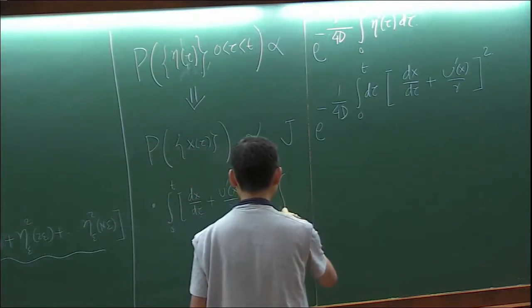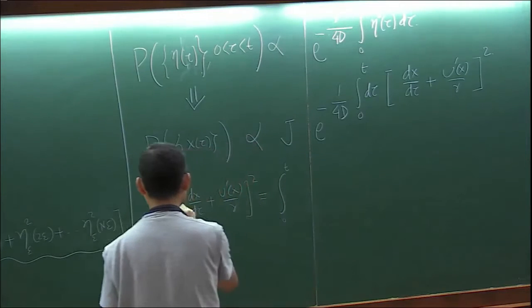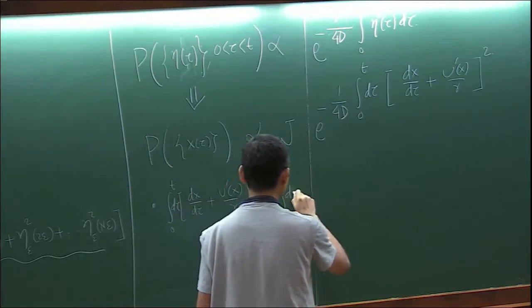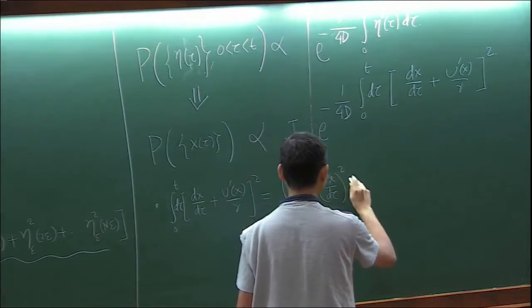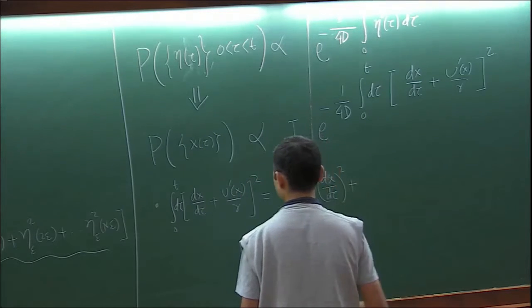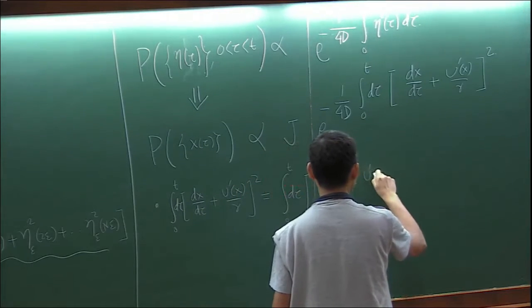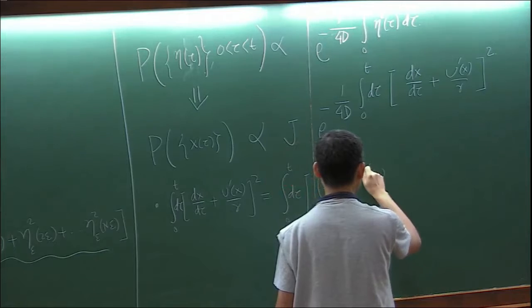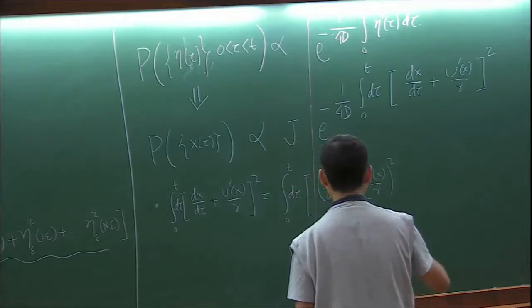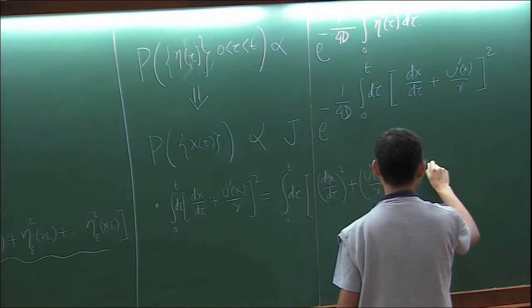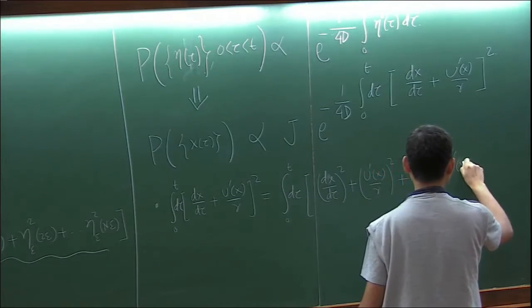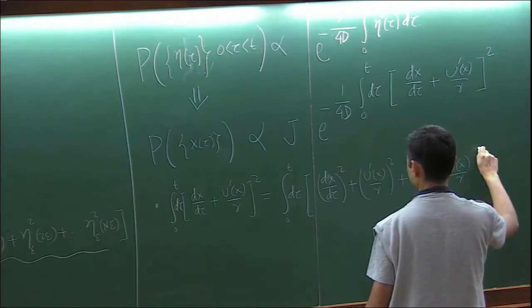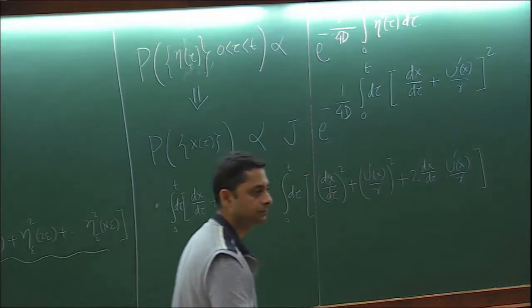We'll have terms: dx by d tau whole square, plus u prime x by gamma whole square, plus 2 dx by d tau u prime x by gamma.